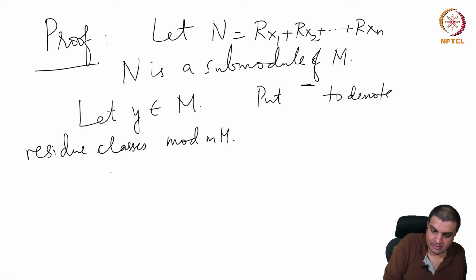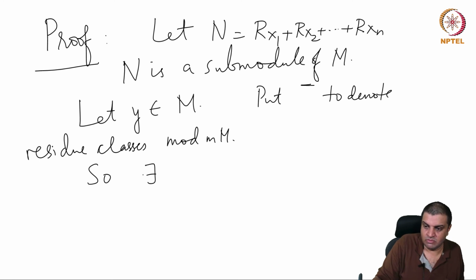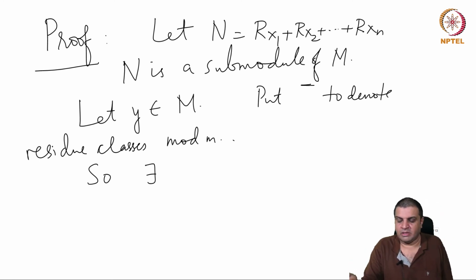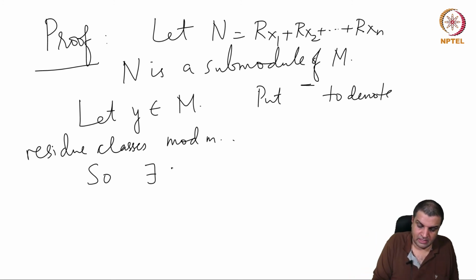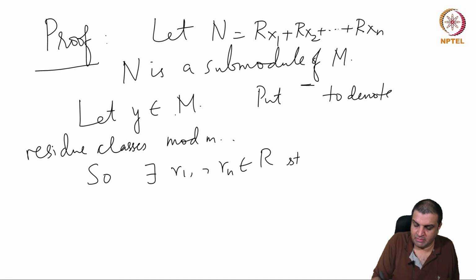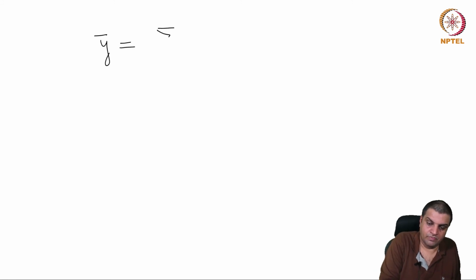Okay. So now what do we get? There exist some elements in R mod m, but we could just take elements in R itself. There exist r1 through rn in R such that, Y is in M, so if you look at its image Y bar in M mod mM, this is the sum of ri bar xi bar.